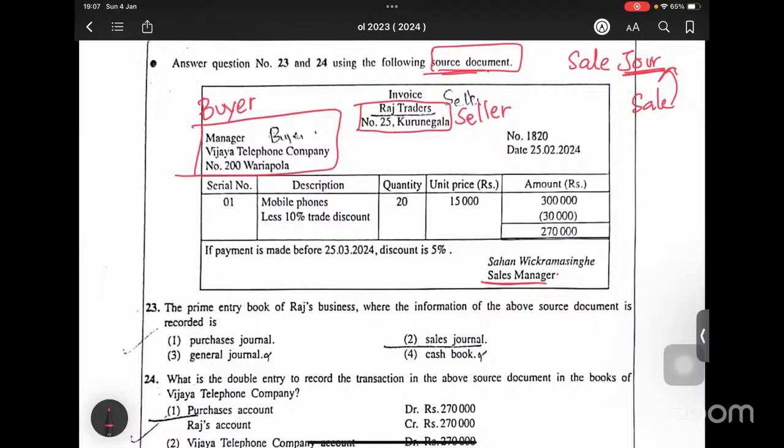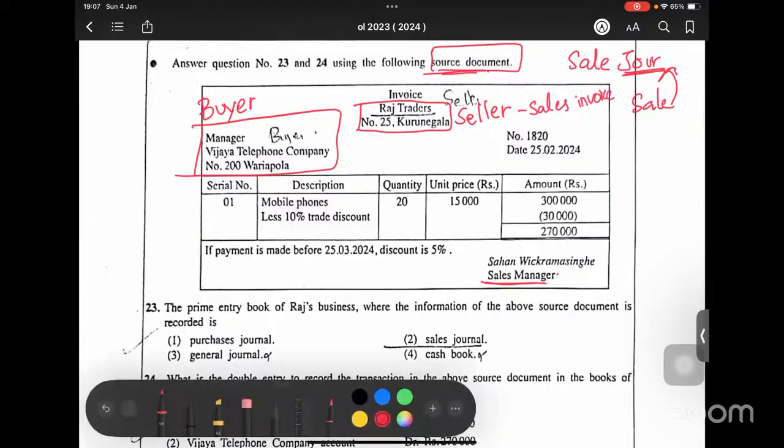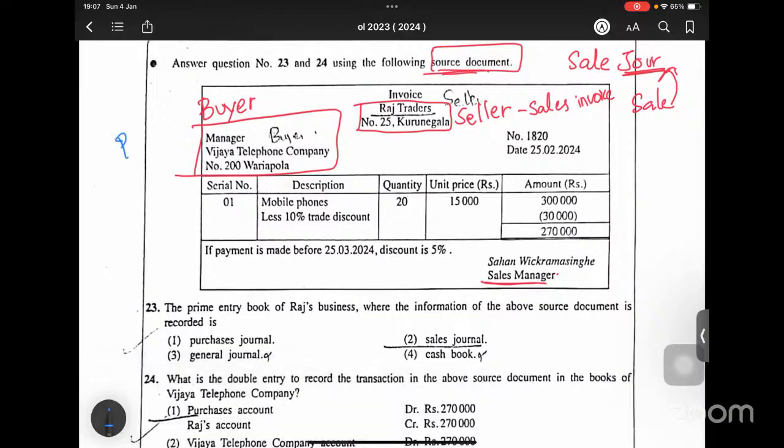For the seller, this is a sales invoice, and for the buyer, it is a purchase invoice. He has sold it, he has bought it. Understood? Yes, miss.